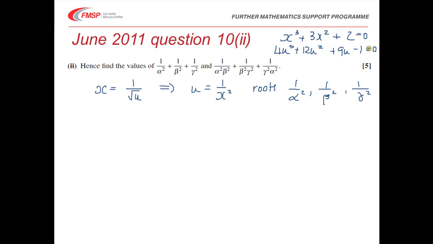And you just need to be careful that it is this equation, the one that we've just found in the last part, that we need to use, because that now we know has got these roots. This is by using that substitution.